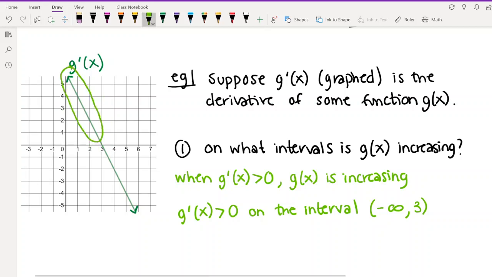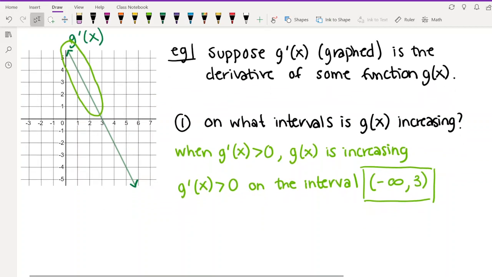So that's our answer. That is, without even looking at the graph of the original function, without even knowing what the original function is, just by looking at the graph of the derivative, we can say, oh, okay, well, that's the part of the derivative that's positive, and that tells us that the original function is increasing at that part of the graph. And we can even get more specific.